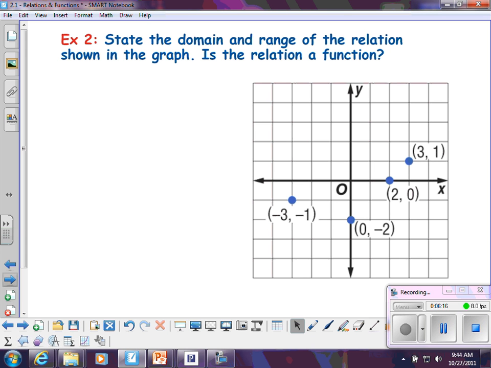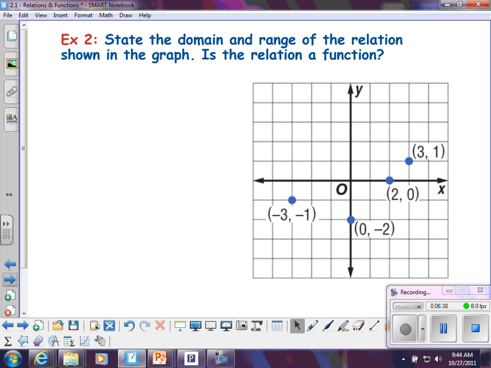So, now's a good time for me to tell you what a function is. If you have the same x value with different y values, it's not a function. Okay? One more time. Do you want a real life example?